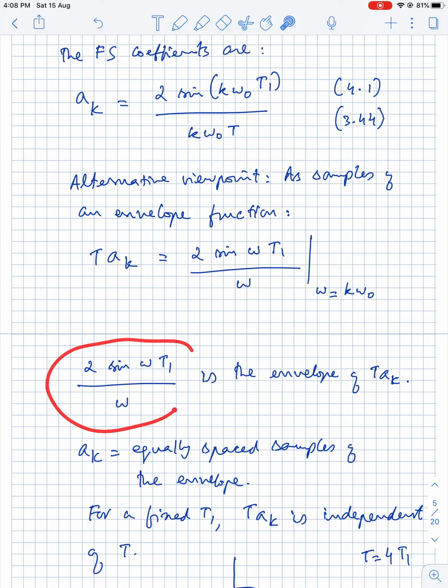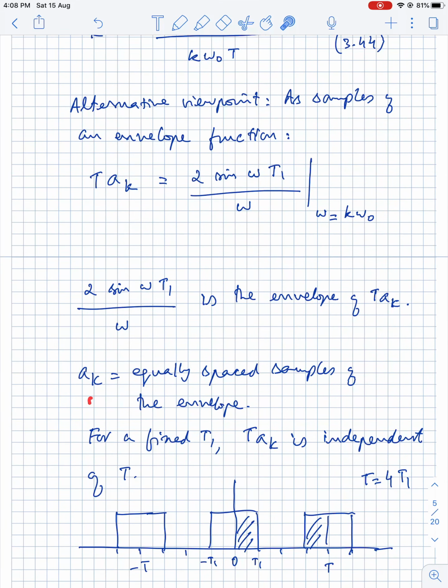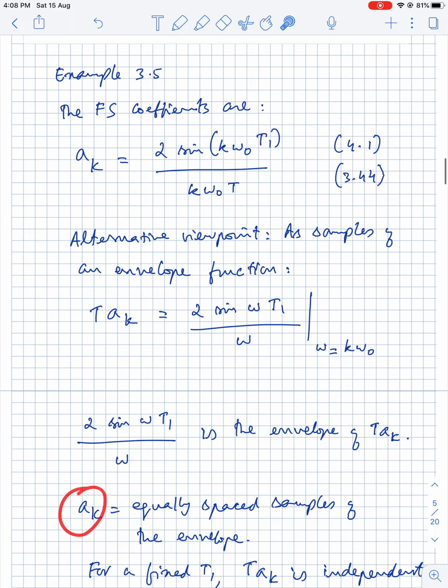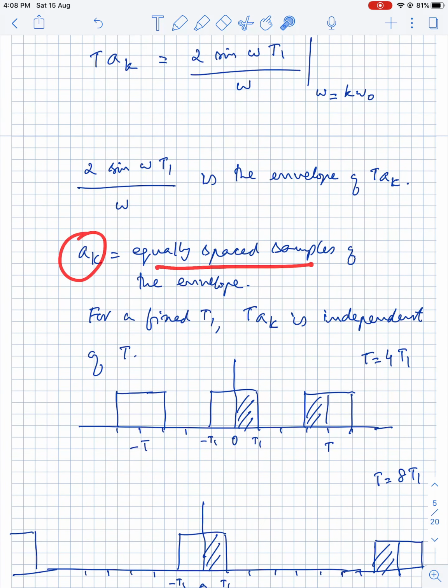This particular function, 2 sin(omega T1) by omega, is the envelope of the T a_k. So those samples which we took have an envelope which looks like this. The a_k, that is, the Fourier series coefficients, are nothing but equally spaced samples of this envelope.